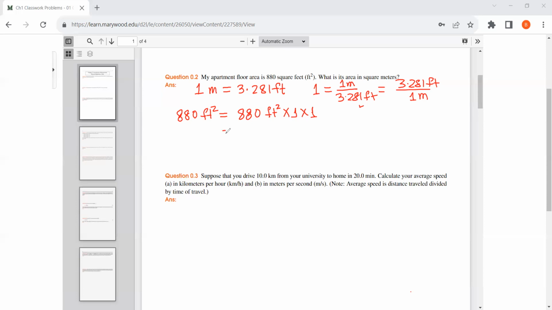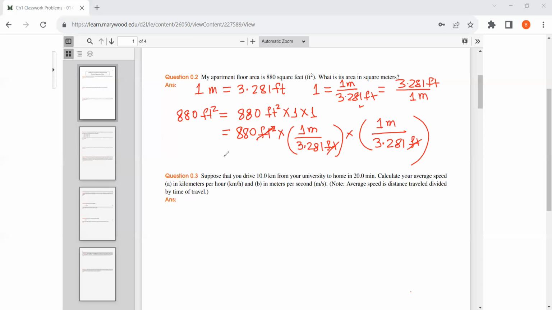So 880 square feet times 1 meter over 3.281 feet, times 1 meter over 3.281 feet. You see that the two feet cancel with square feet, so we are done.